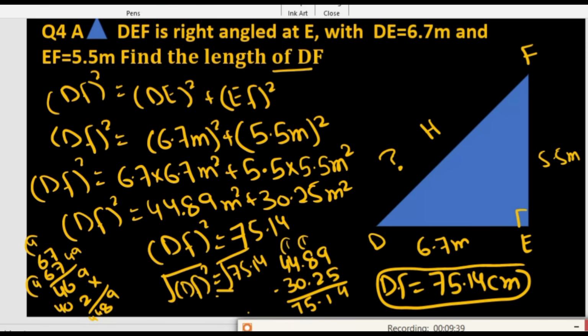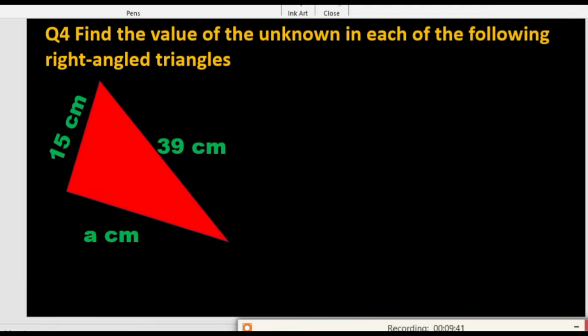Next, question number 4. Find the value of the unknown in each of the following right angle triangles. This is the right angle triangle, and this is the opposite side.